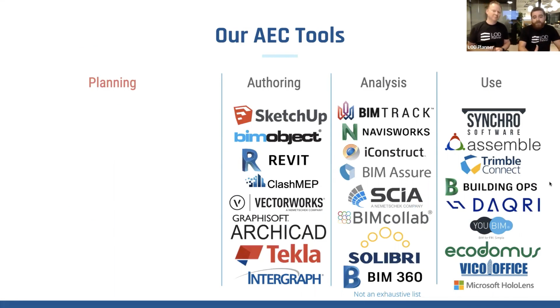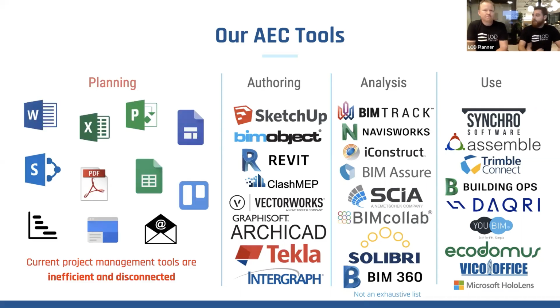When we do attempt to create that BIM execution plan, we start looking at how to do that. Is there a tool that can help us, or guidelines or standards? In the AEC industry, we have plenty of authoring, analysis and use tools, a lot of which you're probably using today, and each one has different standards and different workflows.